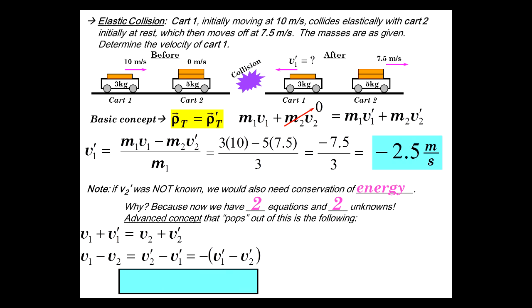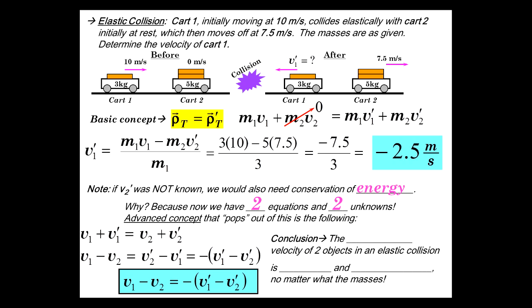Now I'll just take this a little further. So v1 minus v2 equals negative (v1 prime minus v2 prime). What does that mean? The relative velocity of two objects in an elastic collision basically switch places, equal and opposite, no matter what the mass is. Let me state it in a different way.